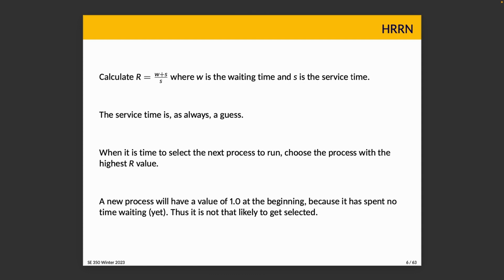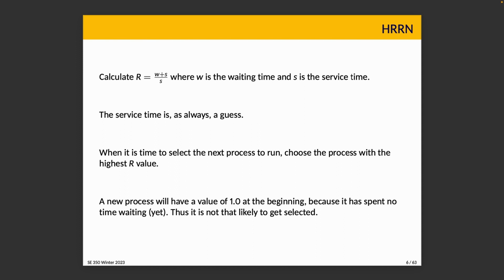To do this, we're going to calculate a value R. R is this ratio: W plus S, the waiting time plus the service time, divided by the service time. The service time is, as always, a guess in this situation. Again, it could be a user-supplied value in some circumstances, but typically it's not, so we're just going to take a guess at it.